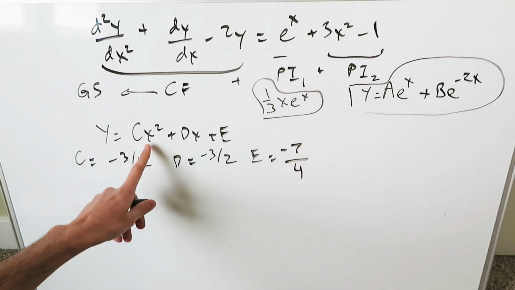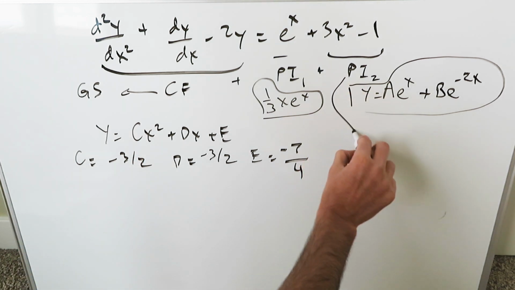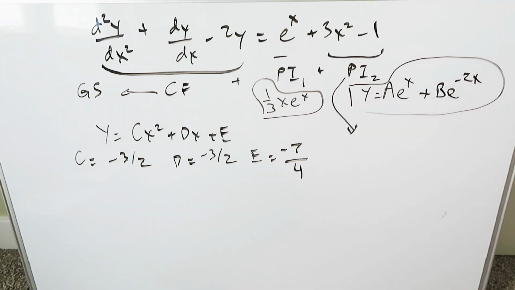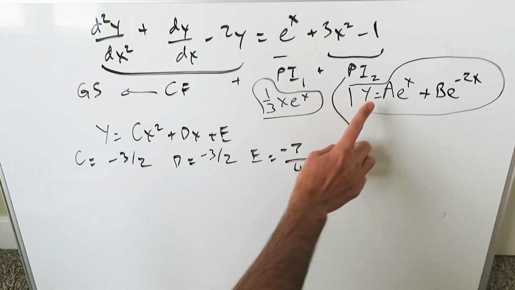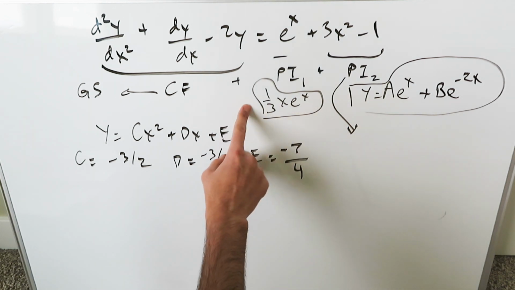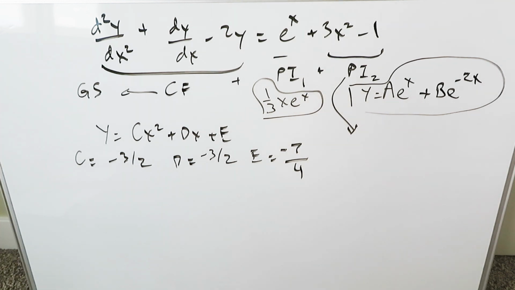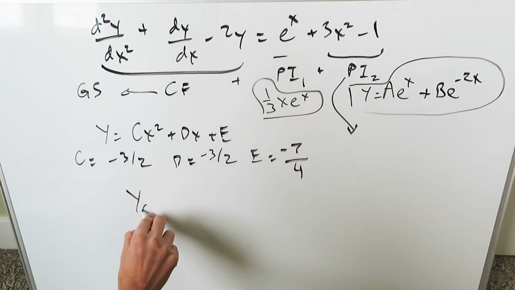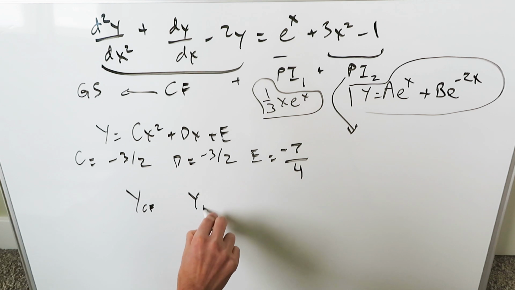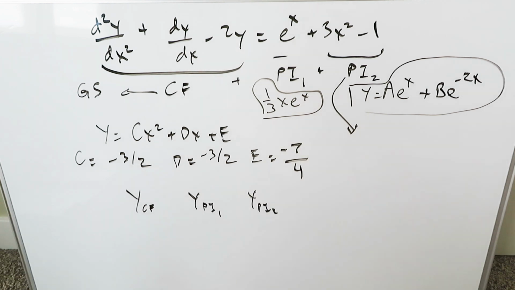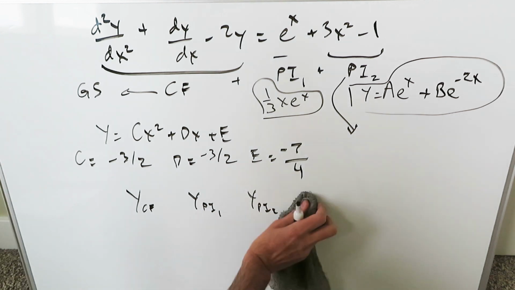We have everything we need now to make our particular integral solution, which is this. Any solution is always y equals the complementary function plus the particular integrals, but you can designate them separately. You can say y complementary function, then y particular integral 1, then y particular integral 2. This right here is our particular integral 2.